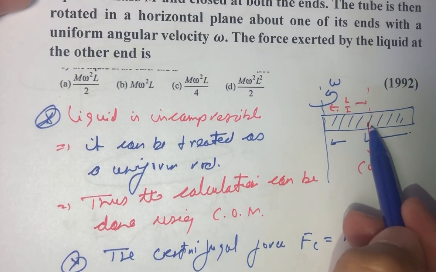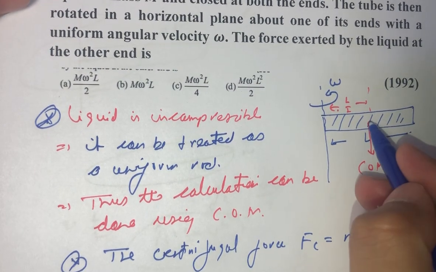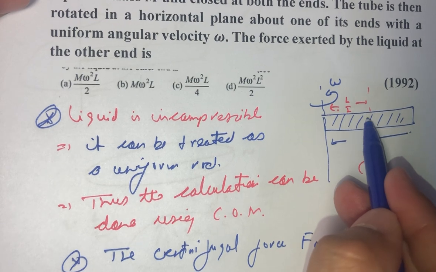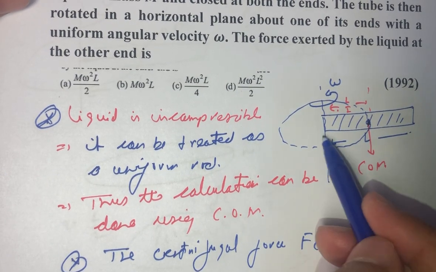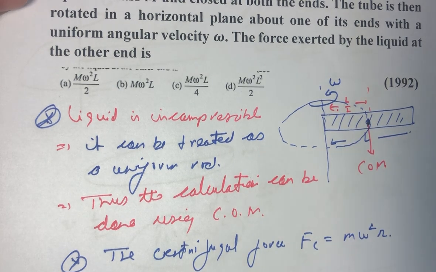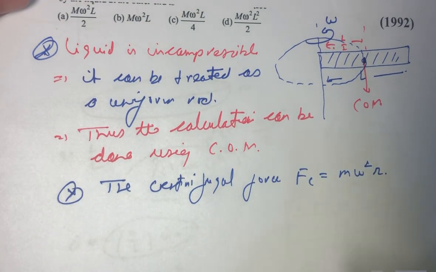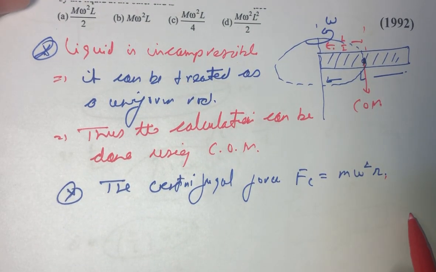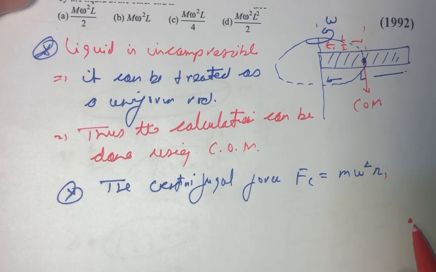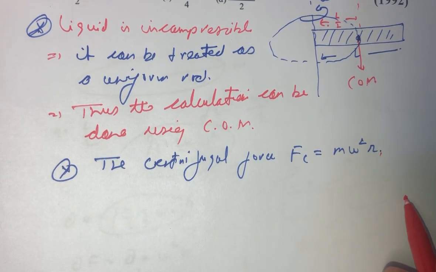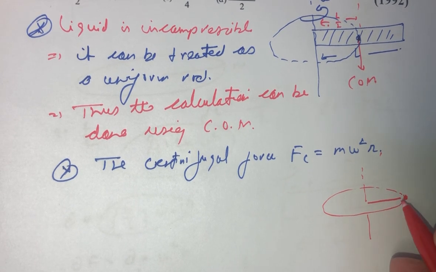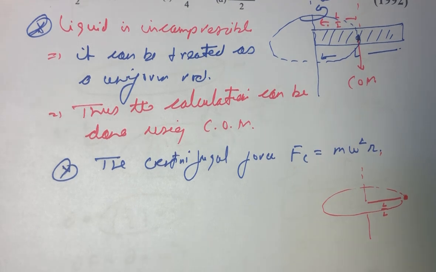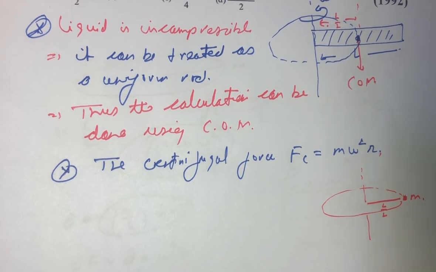Now this is our center of mass, so it will be rotating in a circle whose radius is L by 2, along this axis, and this is a mass.